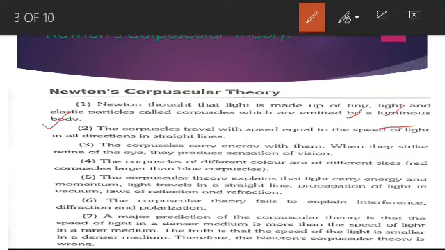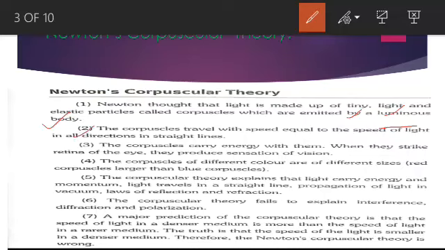In the next point, Newton suggests that corpuscles travel with the speed of light in all directions in a straight line. This is Newton's second postulate.